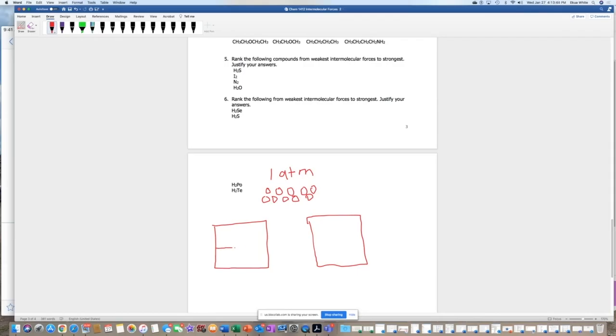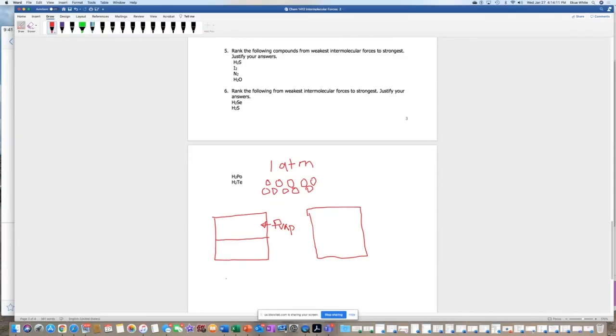Okay, the definition of the boiling point is that boiling takes place when the pressure in here, the vapor pressure, I'll call it pressure vapor, matches this pressure here. When these pressures match, then we see boiling. The temperature at which that happens is when we actually see boiling. So over here on the left, I'll just say this is the regular container.